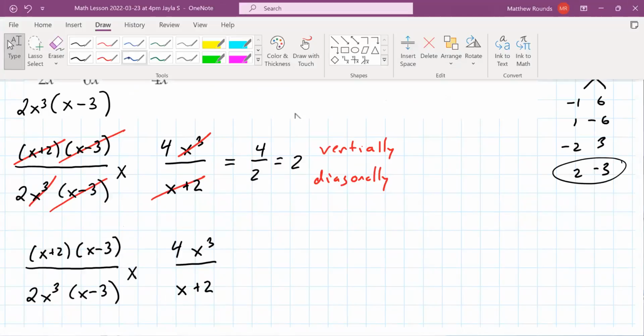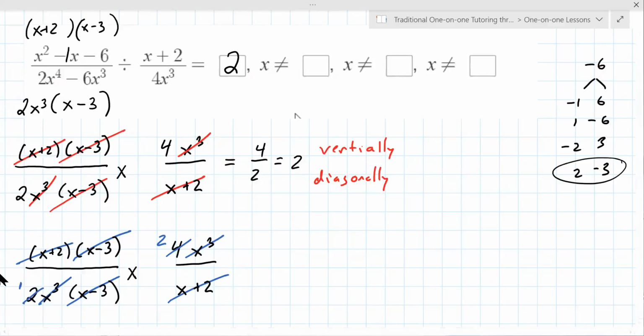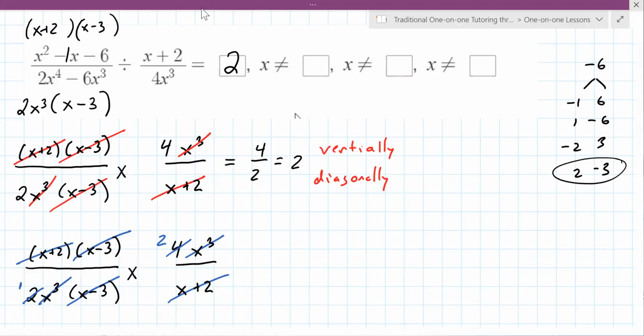What do you see that is the same on the top and the bottom? x minus 3, so those go away, and x plus 2, so those go away. And then x cubed. And then this 4 and this 2 becomes just a 2 and a 1. Okay, well, that's the easy part.